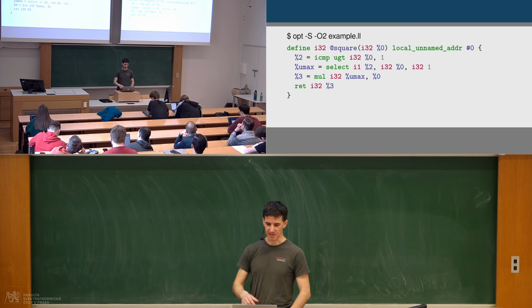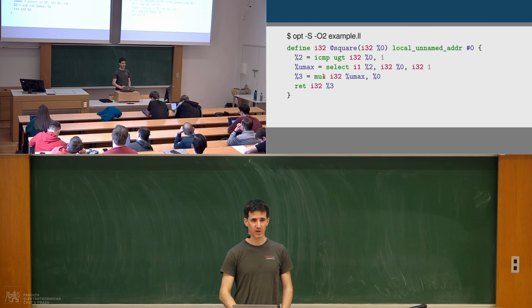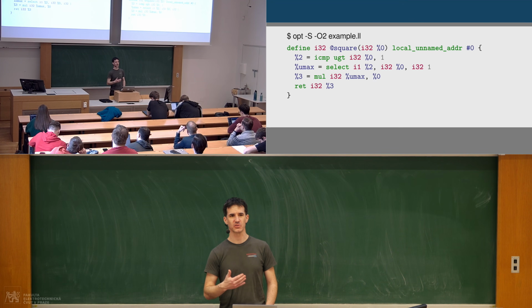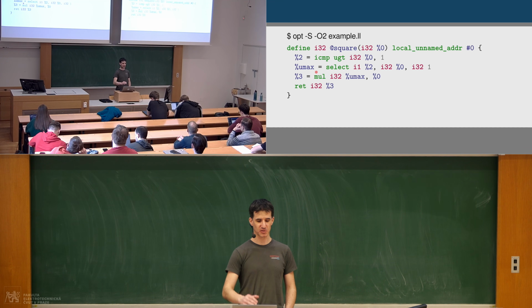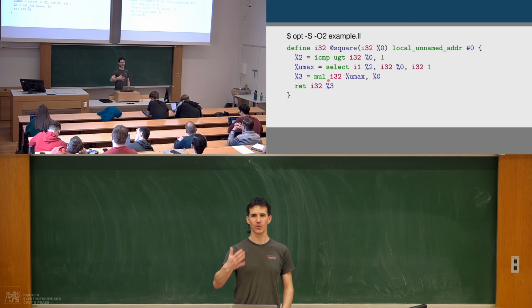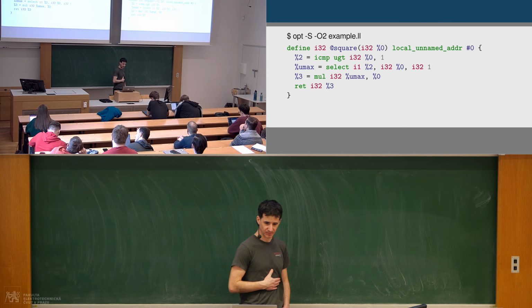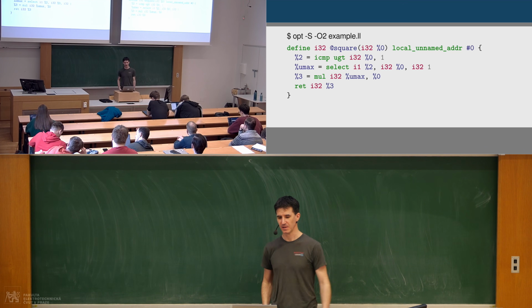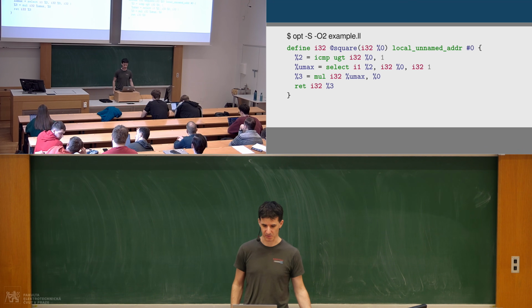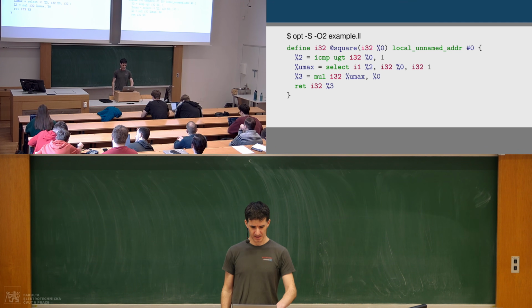As you can see, the compiler was able to figure out that what the function actually implements is just a simple multiplication, and it replaced this for loop with a single multiplication instruction. All those optimization passes together result in some clever behavior.